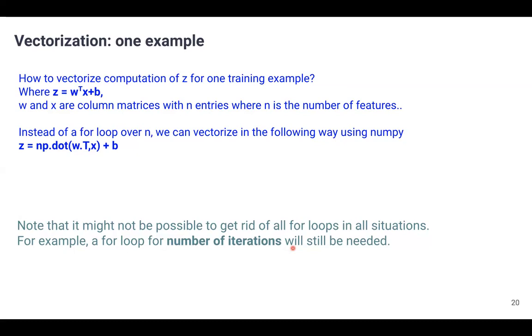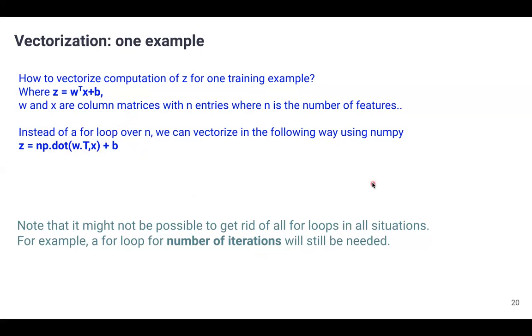Instead of doing W1 X1 and W2 X2 in a loop, you can do it in one go. If you have a full W vector and a full X feature vector for one training example, you can use NumPy dot to multiply W transpose and X in one go for all the features together, and then add B.